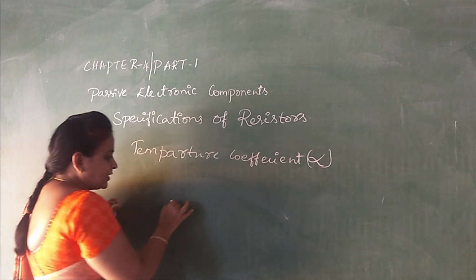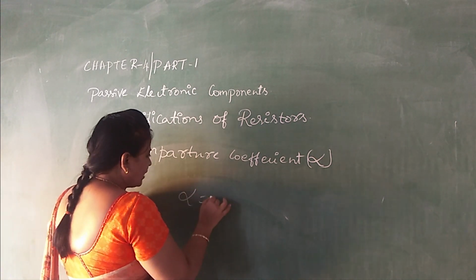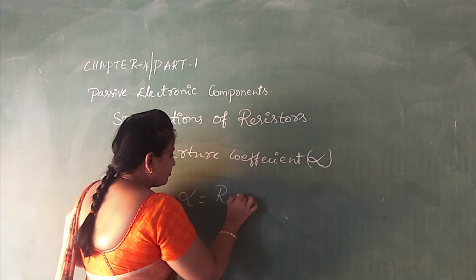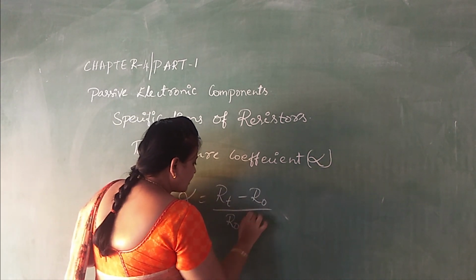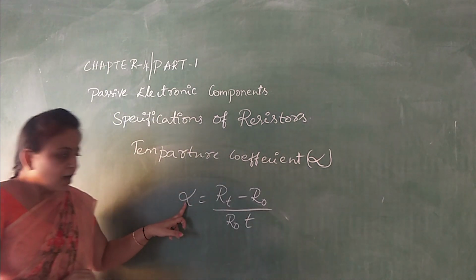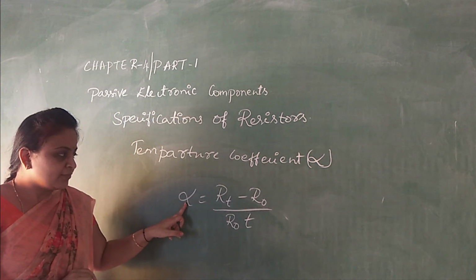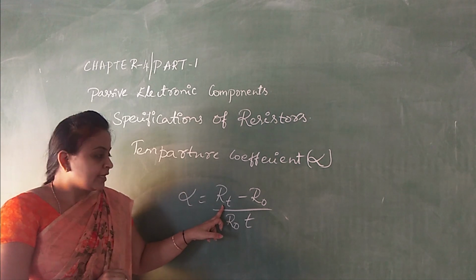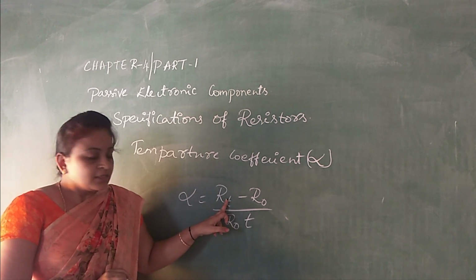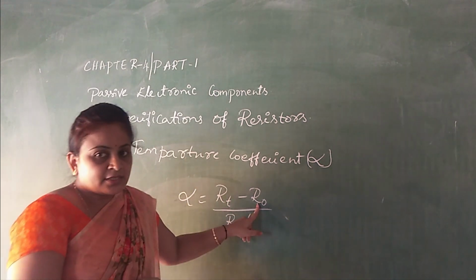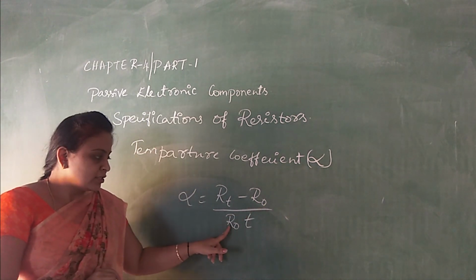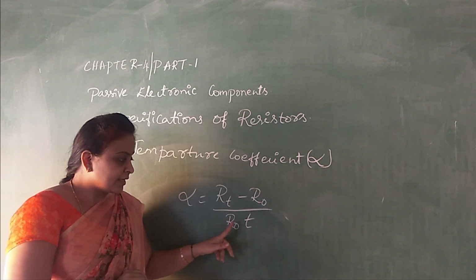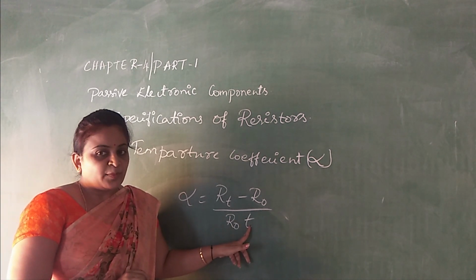So alpha is given by the formula RT minus R0 divided by R0 T, where alpha is temperature coefficient, RT is the resistance at T degree centigrade, R0 is the resistance at 0 degree centigrade, and T is the temperature.